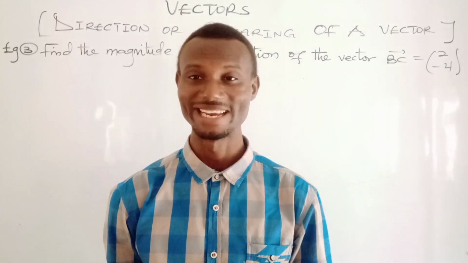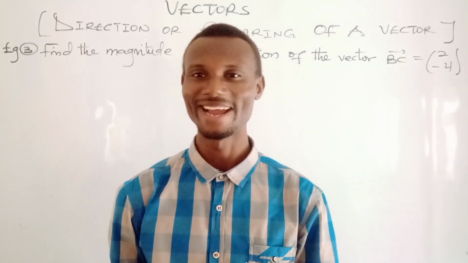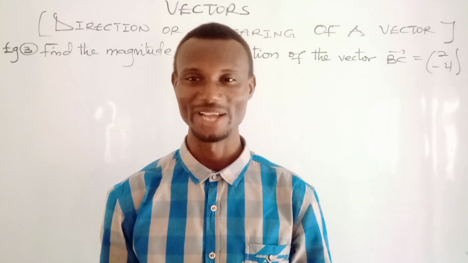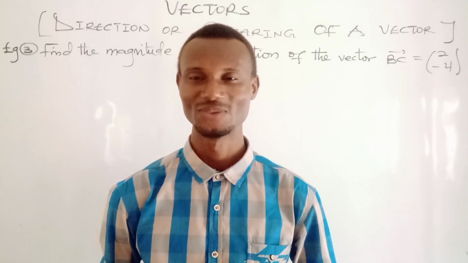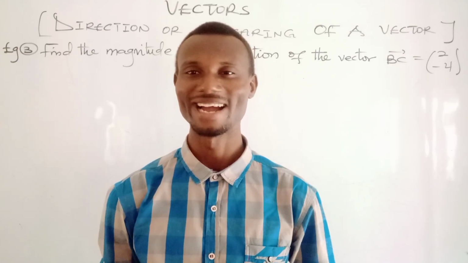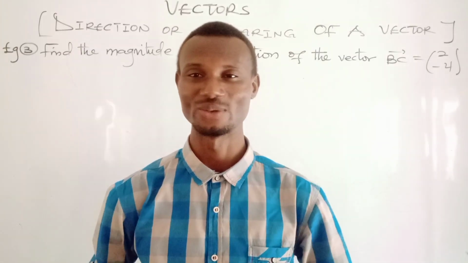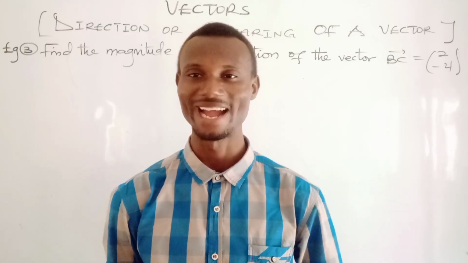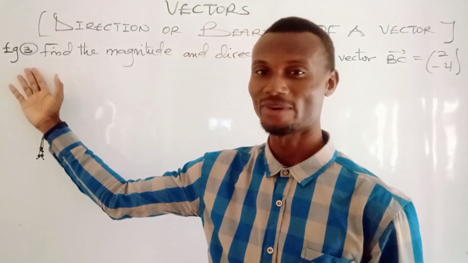I hope you understood it and enjoyed the lesson as well. So in this video, I want us to solve another example on it so that you get a perfect understanding of it. I have example 3 on the board, as you can see.